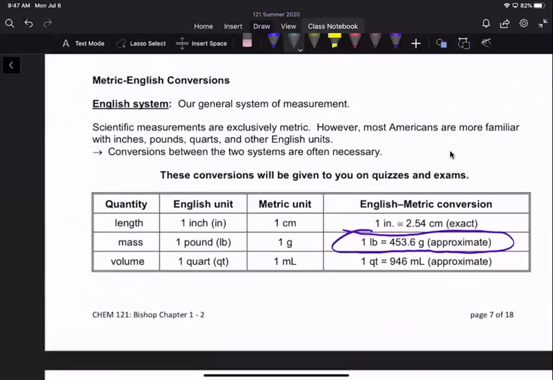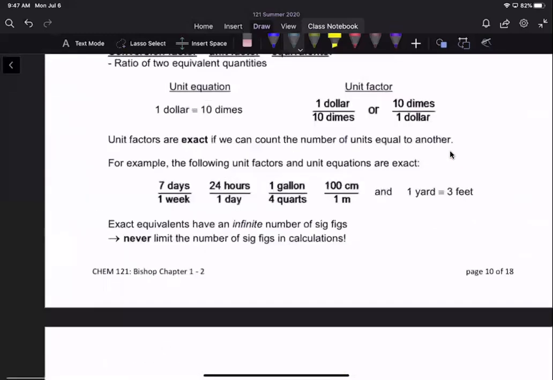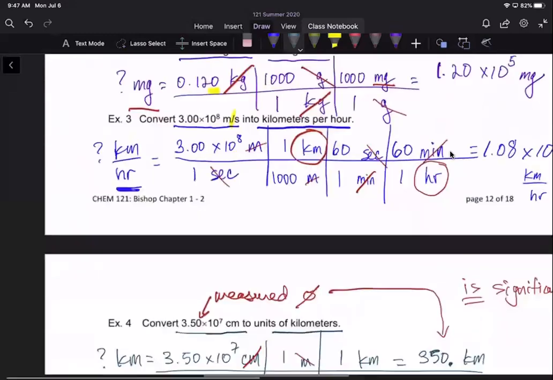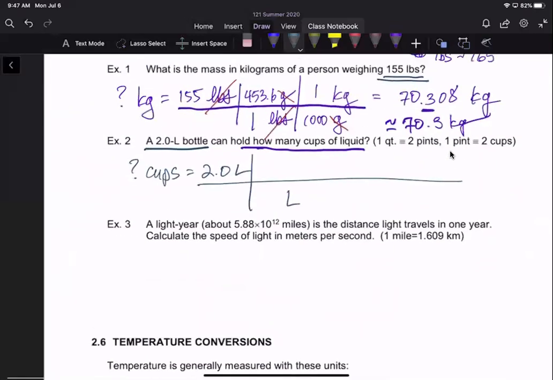There it is. Quarts. Quarts to milliliters, 946. 1 quart is 946 milliliters. All right, this needs to be milliliters. 946 milliliters is 1 quart.